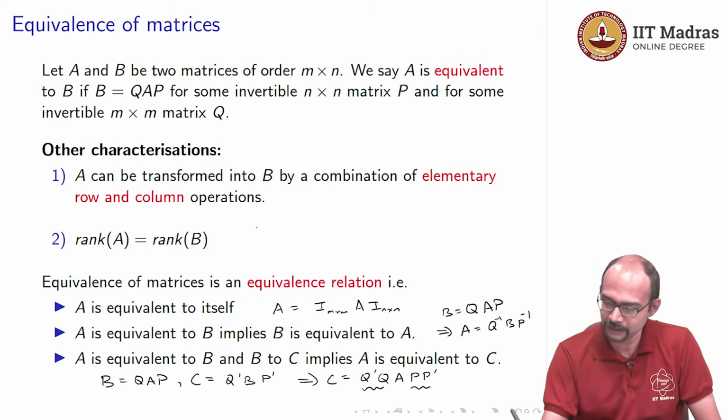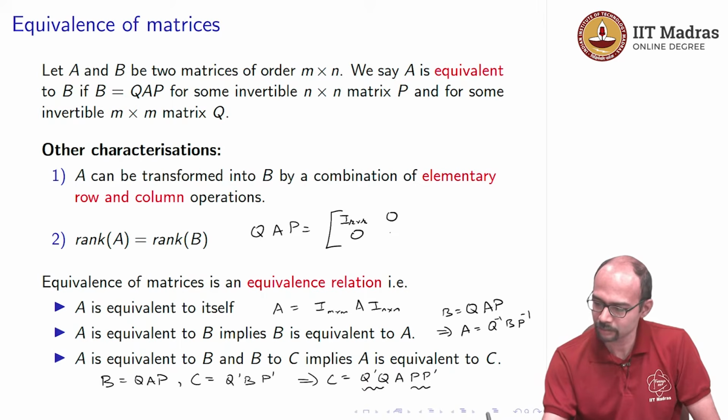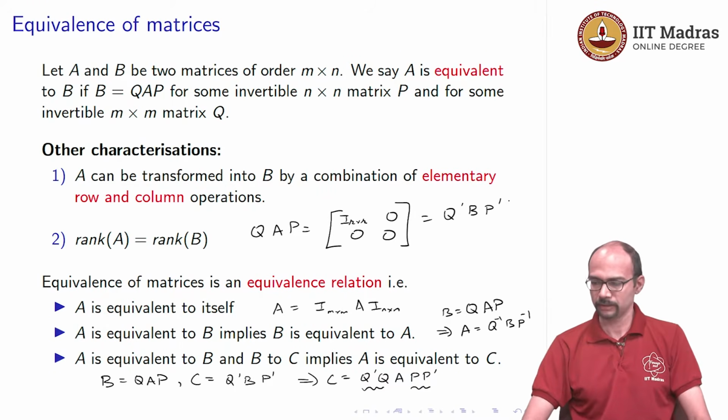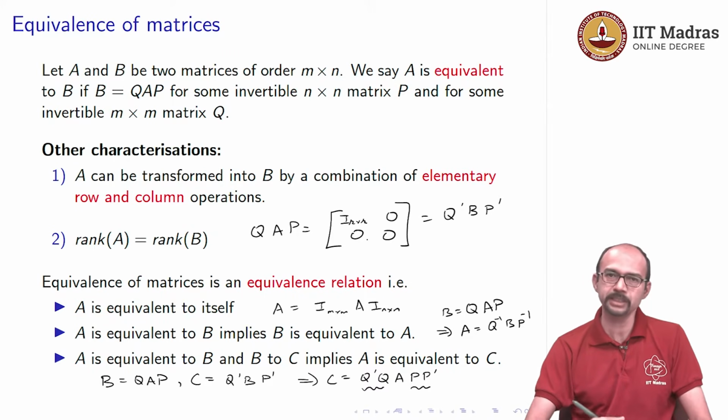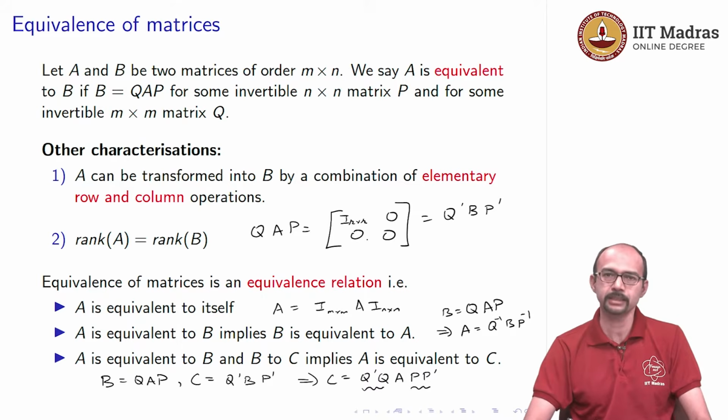Okay. Now, let me come back to this: rank of A is rank of B. What I meant here was that you can get Q and P, so that QAP is of this form, and you can also get Q prime and P prime, so that Q prime B P prime is of this form, and then that is why A is equivalent to this matrix here, if we call it C, and B is equivalent to this matrix C, but this is an equivalence relation, that means A is equivalent to B. So, that is one way of checking that if rank of A is rank of B, then indeed they are equivalent.